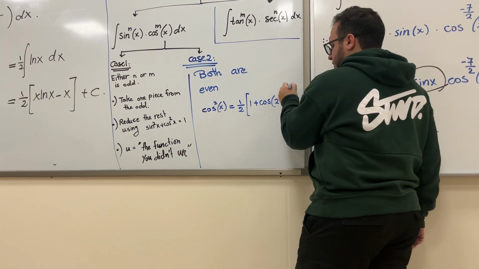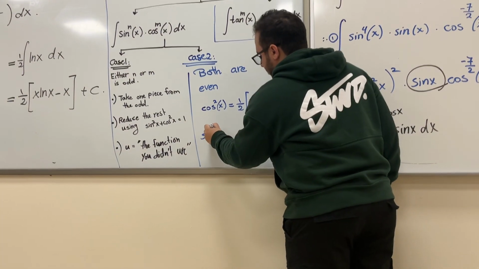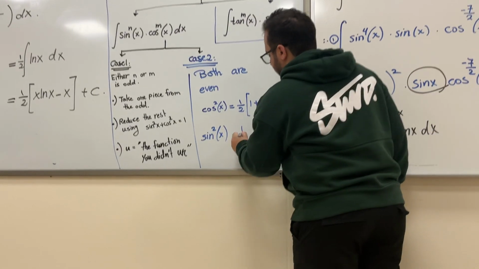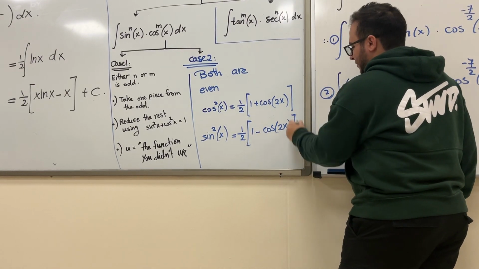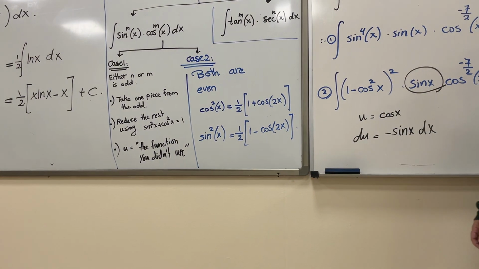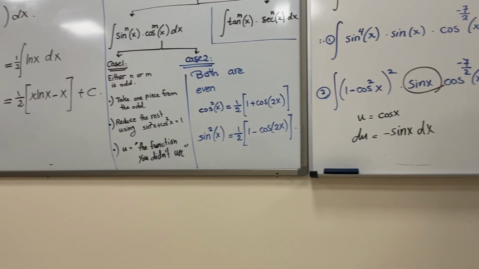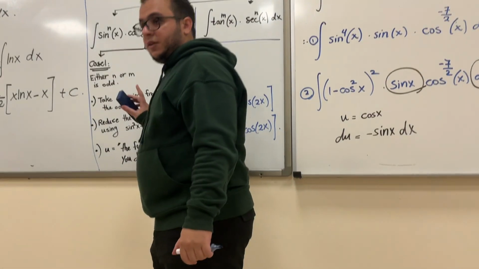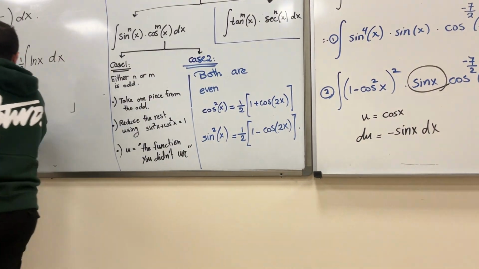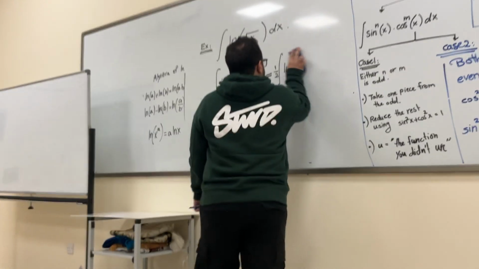It's a trig identity. I think I wrote it last time, I'm not sure. And sine square equals half of 1 minus cosine 2x. So these are the two identities that you need to know, only for this case, nothing else.